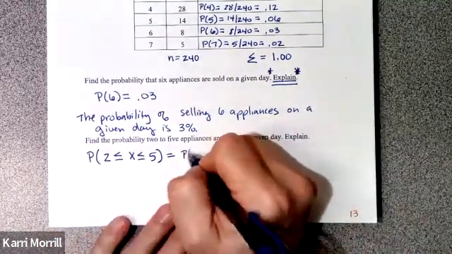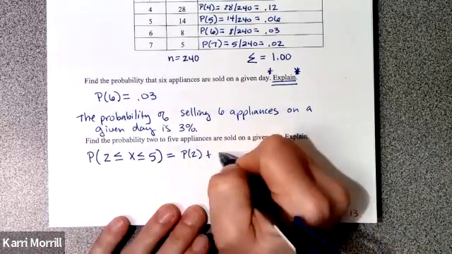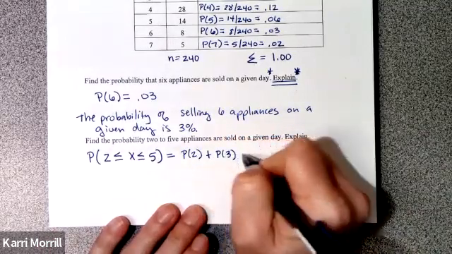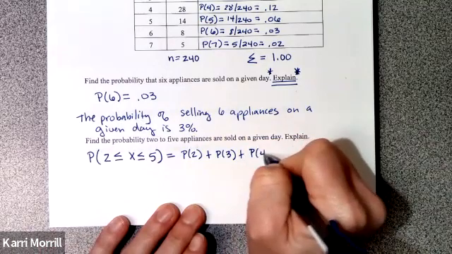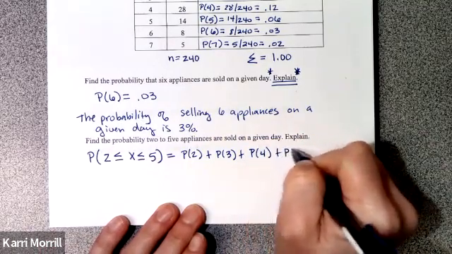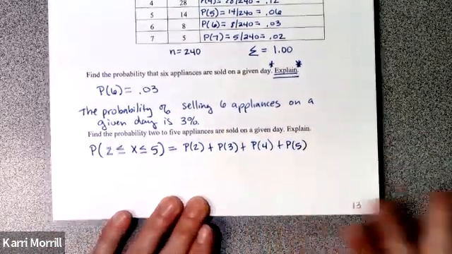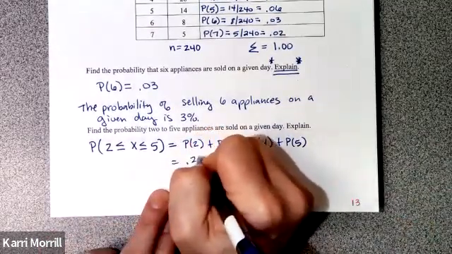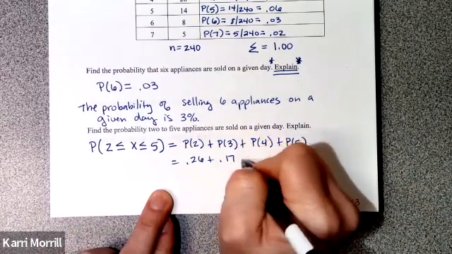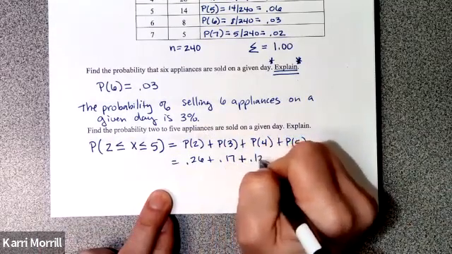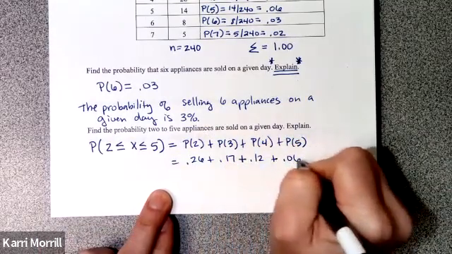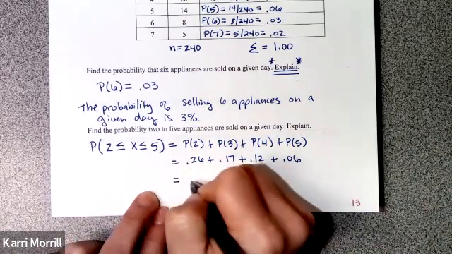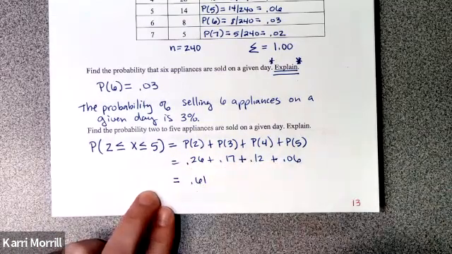So the probability of 2 appliances selling, plus the probability of 3, plus the probability of 4, plus the probability of 5. You just go to your table to find those probabilities and add them up. So that'd be 0.26 plus 0.17 plus 0.12 plus 0.06. And that gives us 0.61.